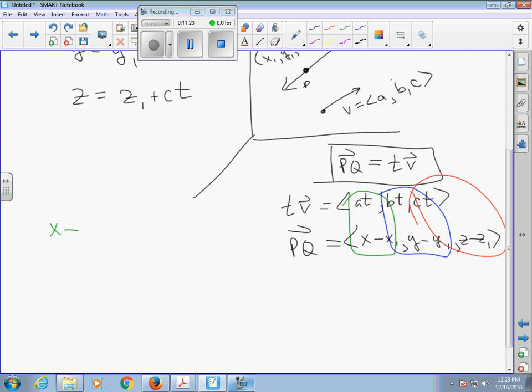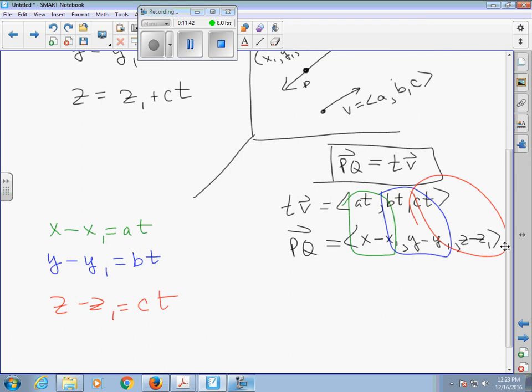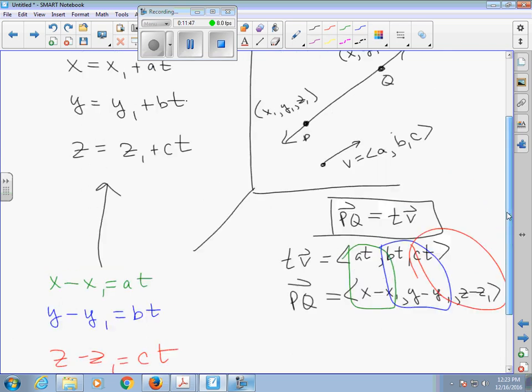X minus x1 equals at. In blue here, I have y minus y1 equals bt. And lastly, in red, I have z minus z1 equals ct. Now, if we move those constants over, we end up getting those equations right there.